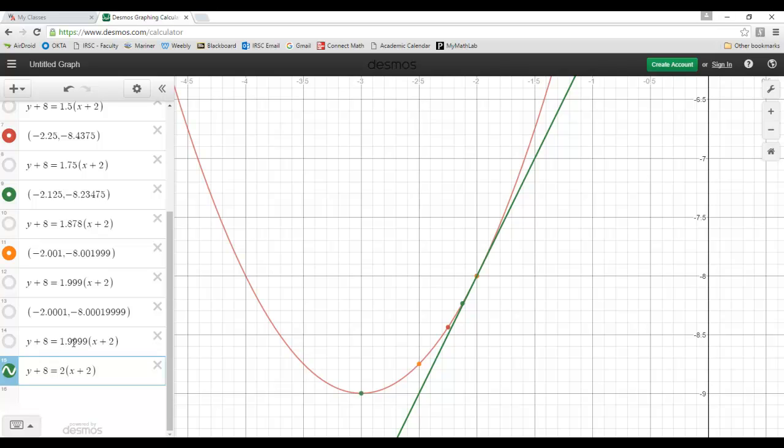And if you keep getting closer and closer from the left, moving towards -2, you get closer and closer to 2. And now I have answered question 7 and a lot more that question 7 didn't even ask, but I hope this helps you understand what we're doing.